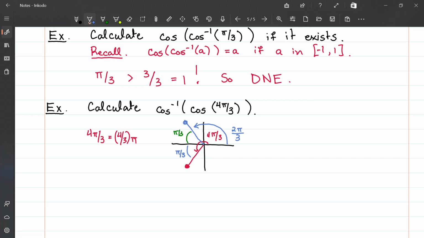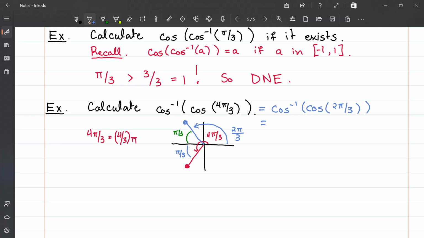Why is that significant? Because now I can rewrite this problem. What I'm going to do is the following. I'm going to still write cosine inverse of cosine of some value, but because I know that cosine of 4 pi over 3 and cosine of 2 pi over 3 give me the same answer, they correspond to coordinates of points with the same x-coordinate, there is no difference between writing what I was given and what I've written here in blue.